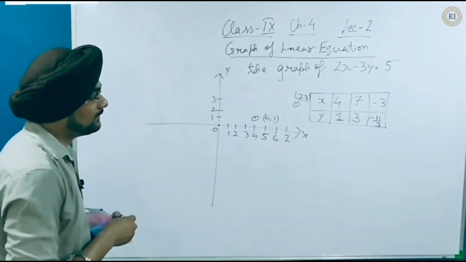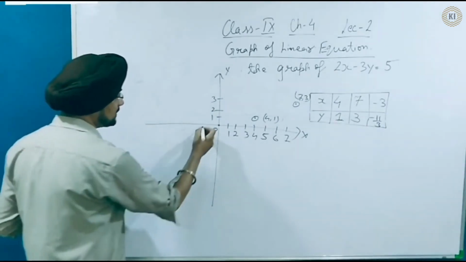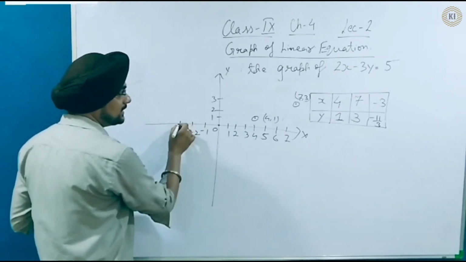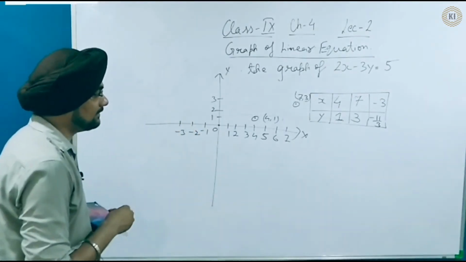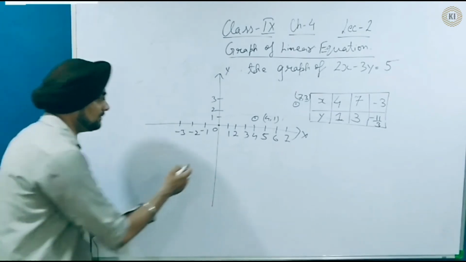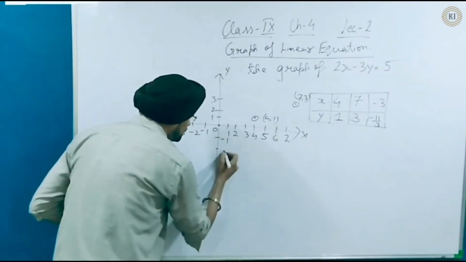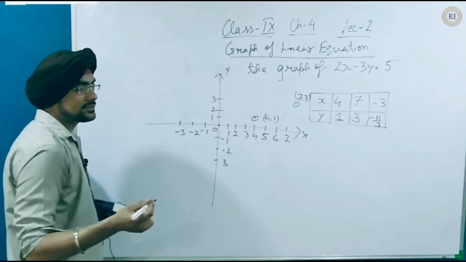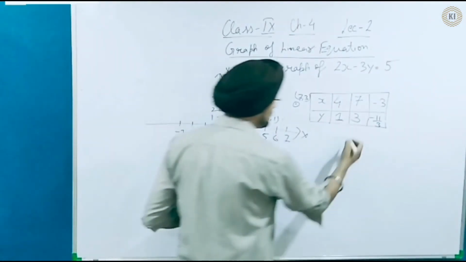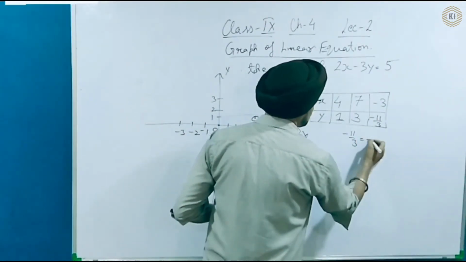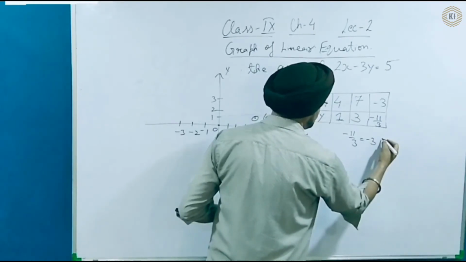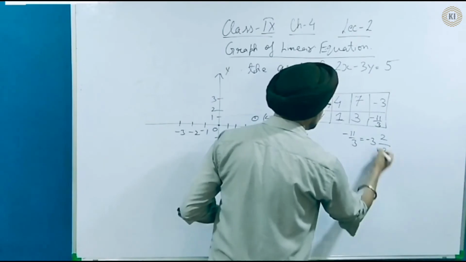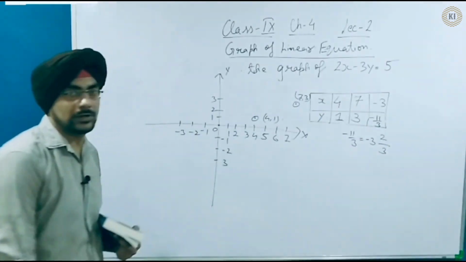If we take another value minus 3, so minus 3 will come here, minus 3 and minus 11 by 3. Both are coming in the third quadrant. Minus 11 by 3 means 3 whole 2 by 3.